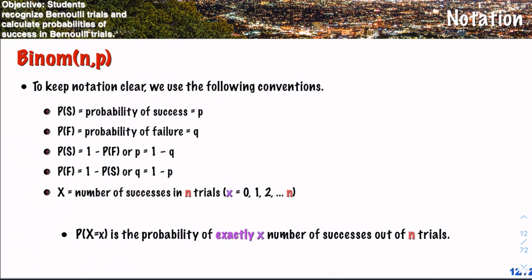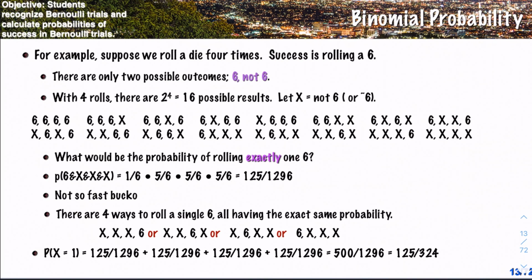To find the probability of success, you do 1 minus the probability of failing, or 1 minus q. The probability of a failure is 1 minus the probability of success, or 1 minus p. X is equal to the number of successes in the trial. So the probability of some random variable getting x number of successes is the probability of exactly x successes out of n trials.